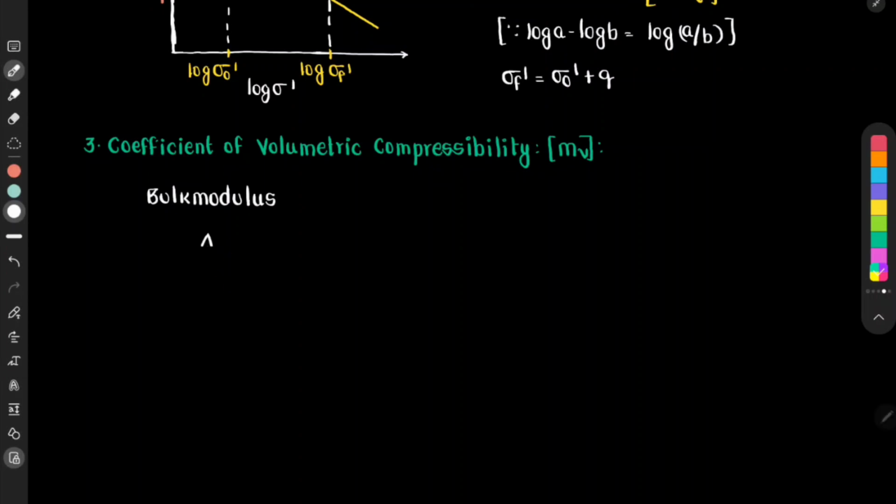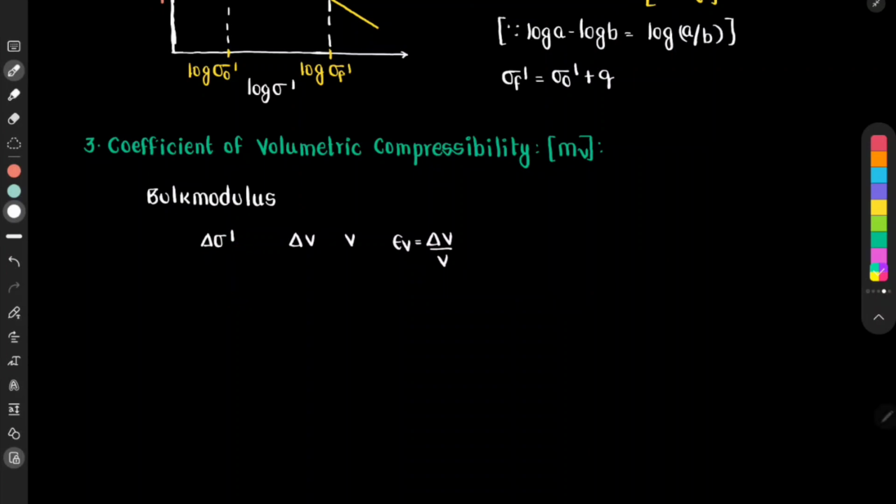So delta sigma dash is the change in effective stress. Due to this change, we can see a change in the volume. The original volume is V, and the change in volume is delta V. Then what is volumetric strain? Volumetric strain is change in volume by original volume. Then what is bulk modulus? Volumetric stress divided by volumetric strain.